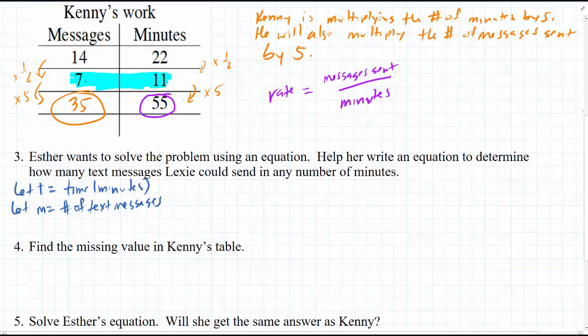So let's take a look at the messages and minutes that Kenny came up with. 7 messages in 11 minutes.